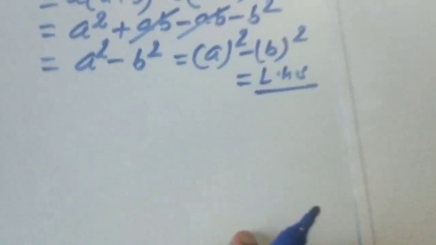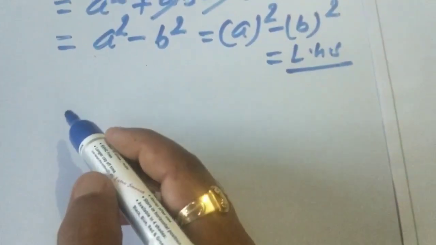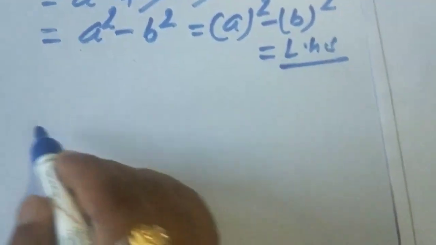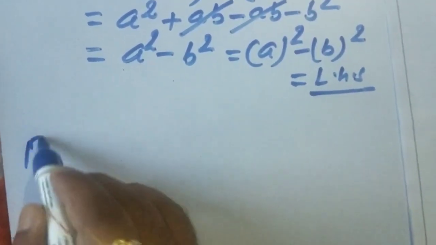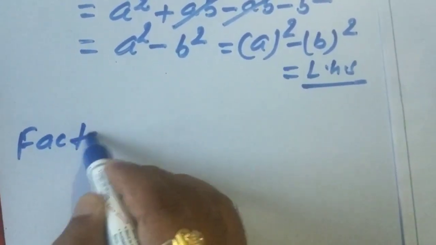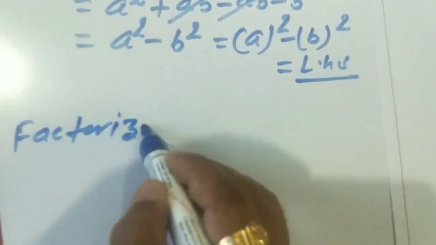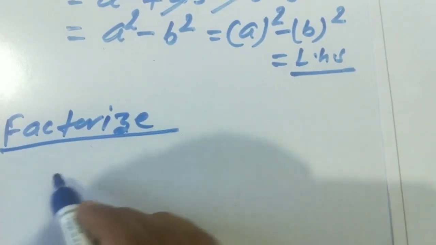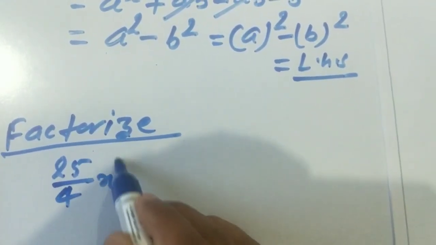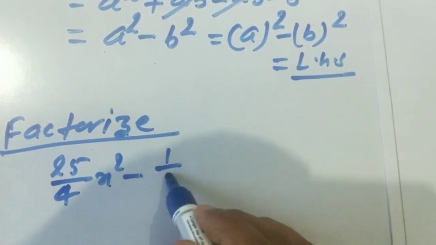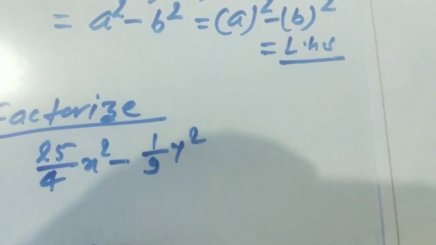Now let us see one example based on it, how to factorize. Factorize 25 upon 4 x square minus 1 upon 9 y square.